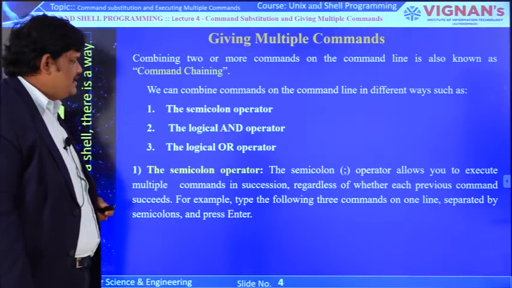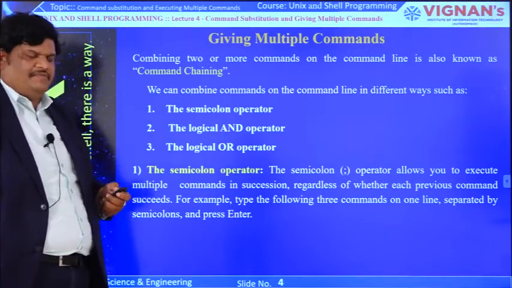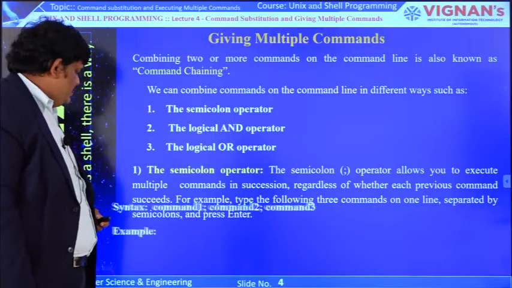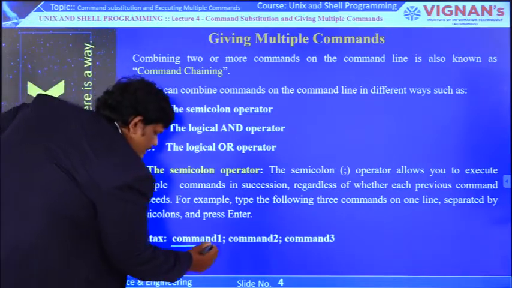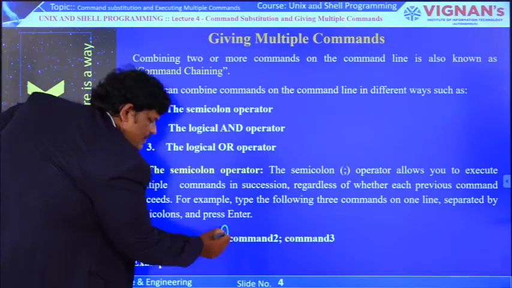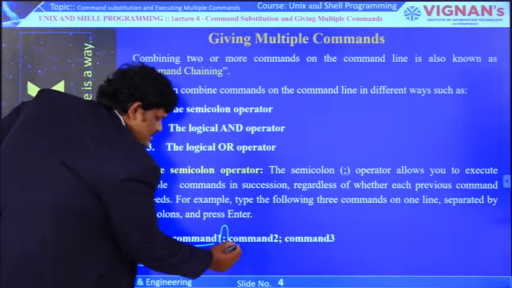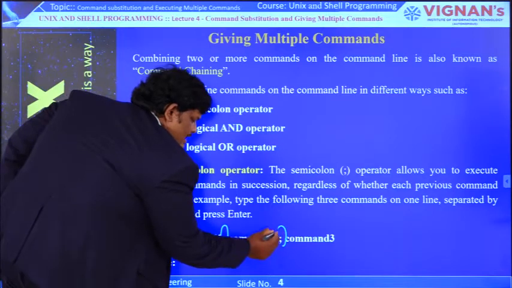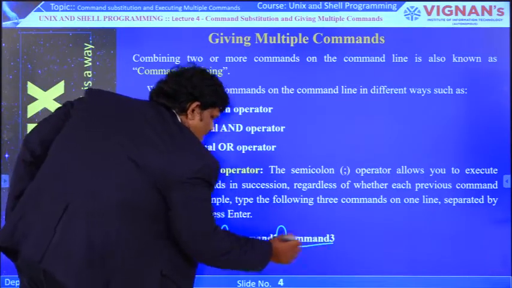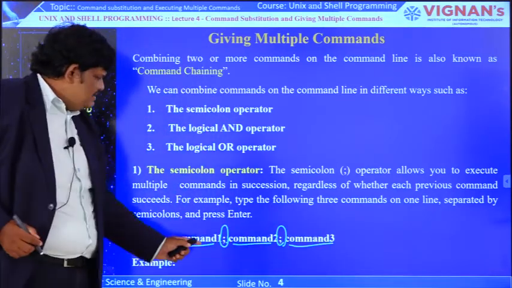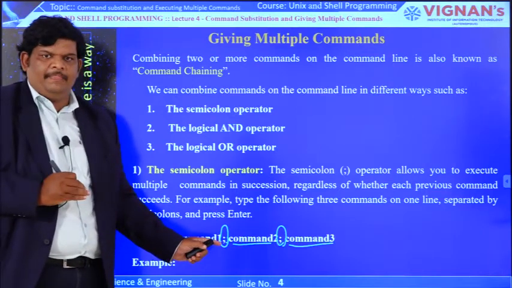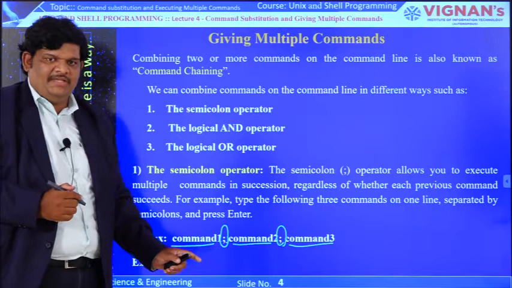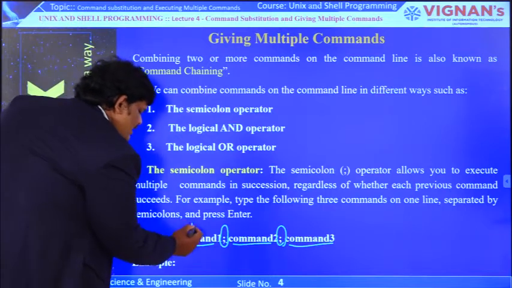Now let us see the first technique, the semicolon operator. How are we going to execute multiple commands with the help of the semicolon operator? If you observe the syntax, command 1 is there, then the semicolon operator, next command 2, a semicolon operator, and next command 3. So in this syntax we are going to execute three commands at a time. First command 1 will execute.